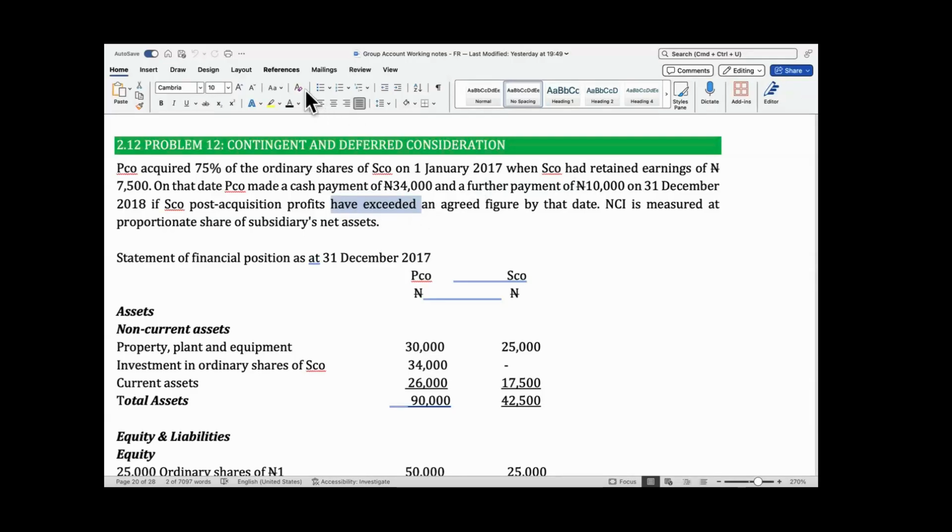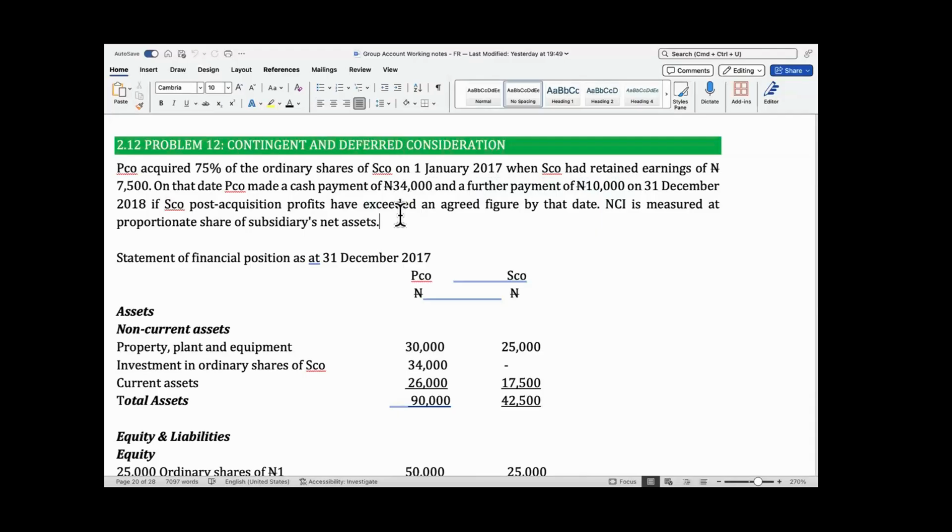So it's two things. It's a contingent liability under IAS 37, because he said, I will pay you 10,000 in December 2018 if ESCO's post-acquisition profit has exceeded an agreed amount. Ordinarily it is either a provision or a contingent liability.